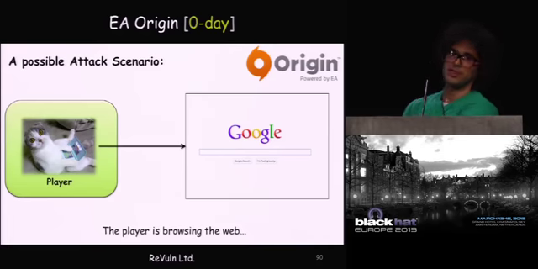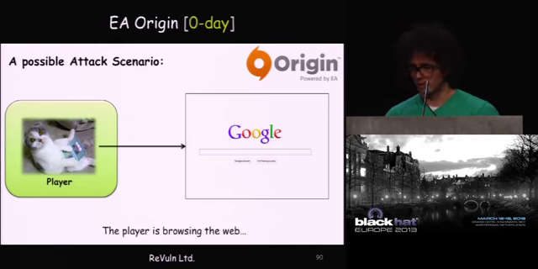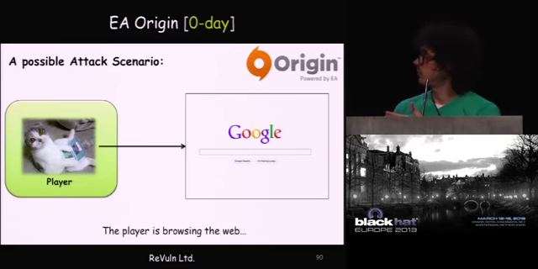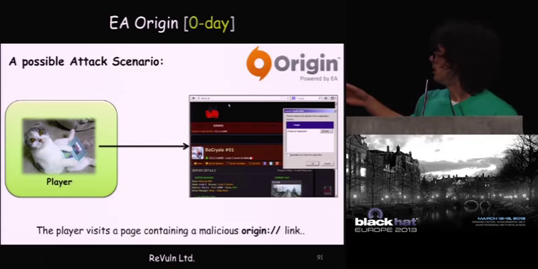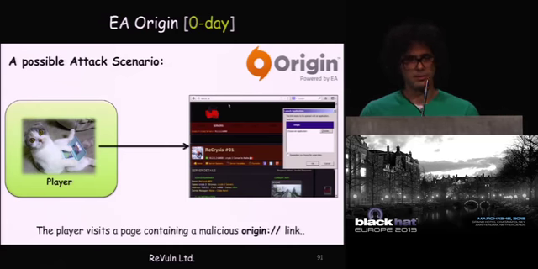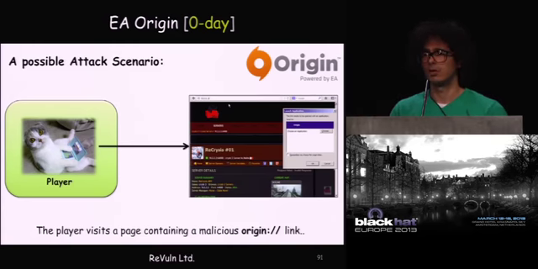Here we can see just a little recap of the various steps necessary to exploit the issue. So we have the player, which is just browsing the web, and he arrives on the attacker website. Here you can see there is an Origin link. Consider that the Steam and Origin links are pretty common because they are used for many purposes, like installing games or adding friends or even joining servers.